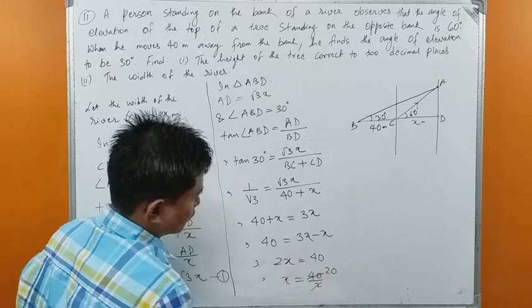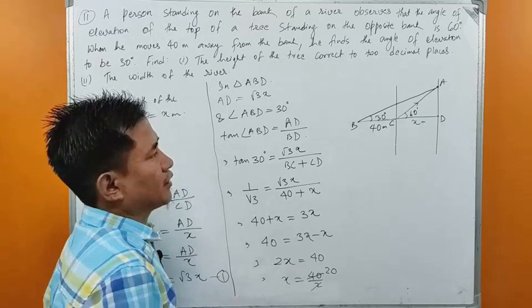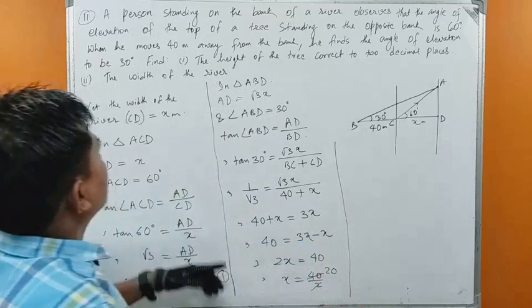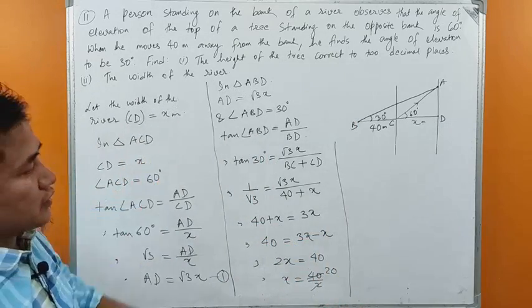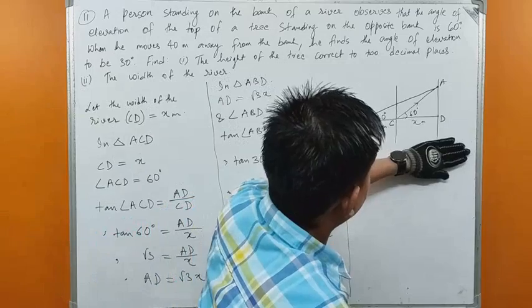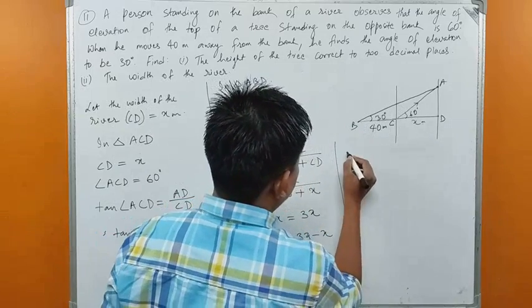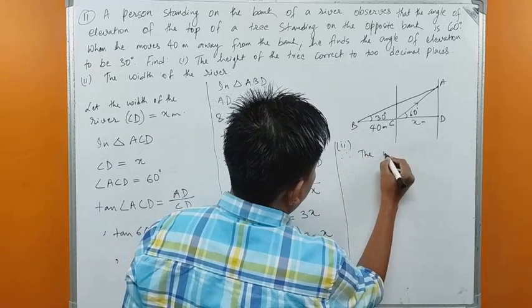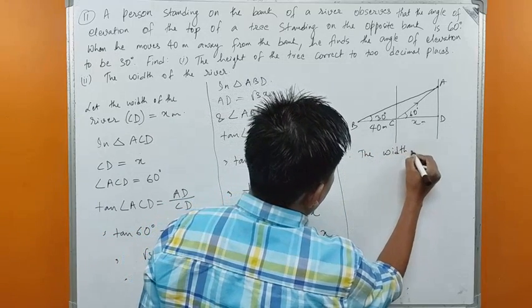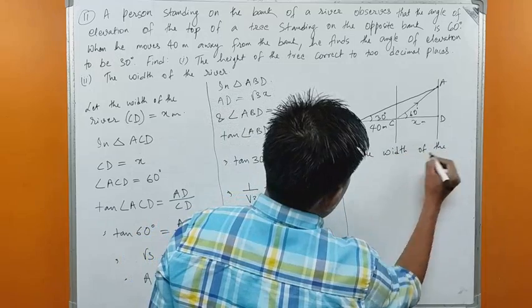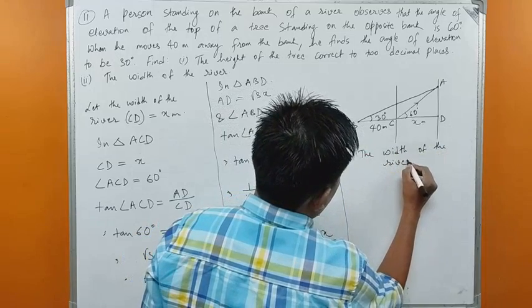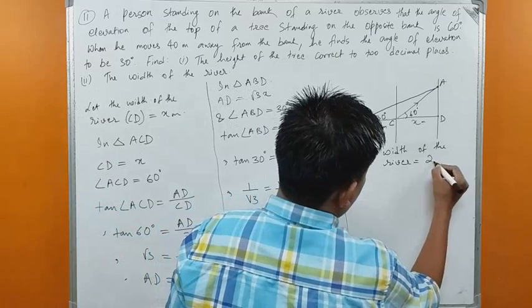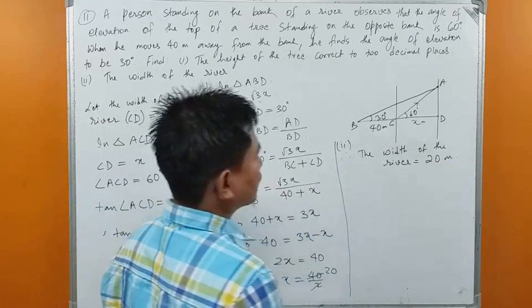X equals 20. We found the width of the river. Question number 2 is found, the width of the river. Therefore, width of the river equals x equals 20 meters.